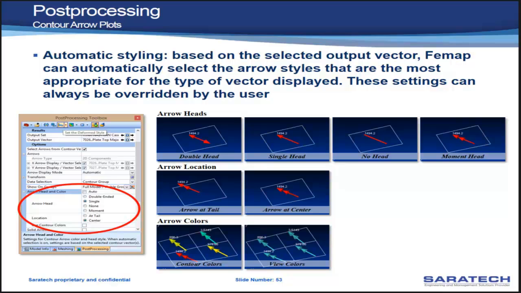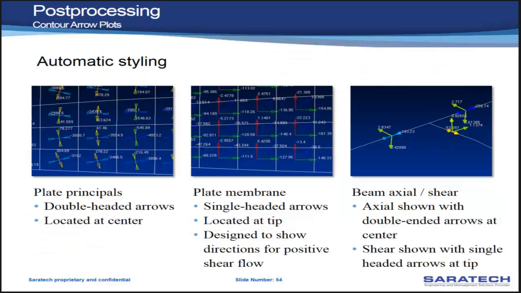However, usually when you select an output vector, Femap will automatically decide which style it thinks is best for that output. So it obviously has some generic way of giving a certain arrow to certain output sets, and this is an example of automatic styling, so you can see that for beam axial and shear stresses, it'll give the arrows like this.